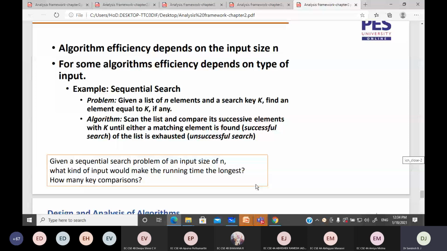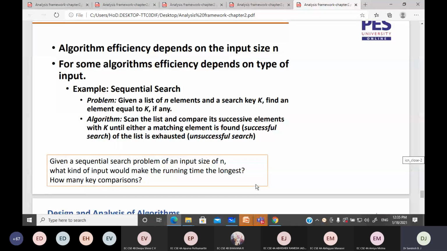If the element does not exist in the array, you are going to search n times. Or if the element you are finding is the last element in the array, your algorithm will take the maximum amount of time.